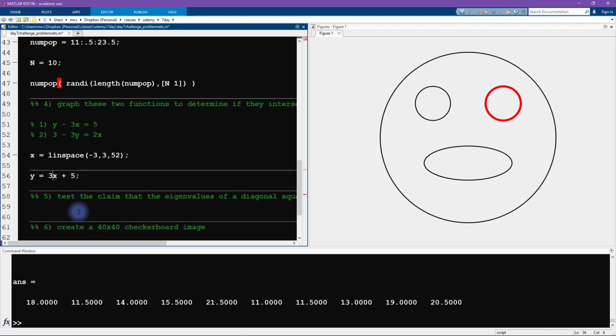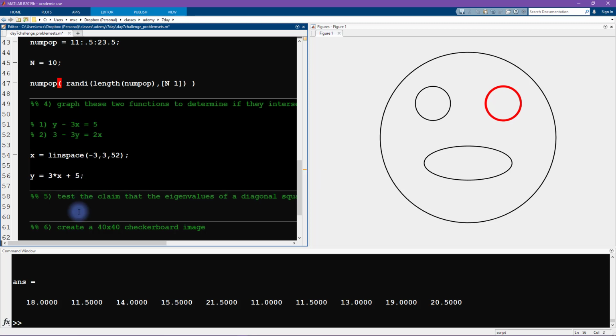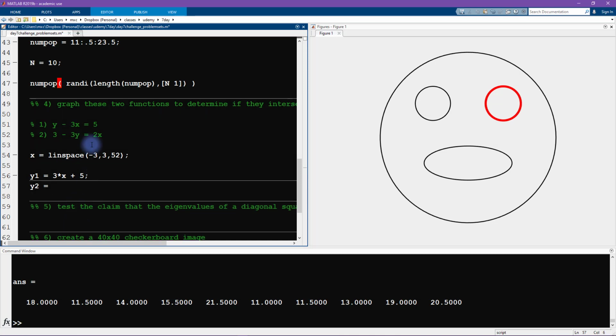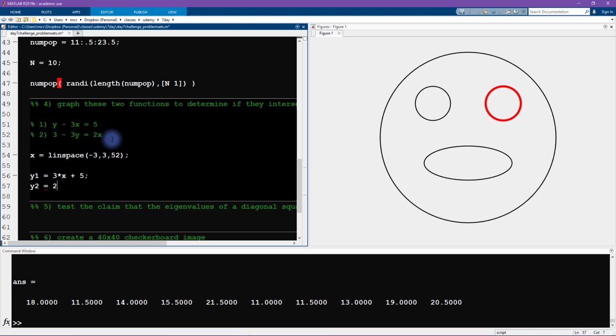Now, of course, I have to say 3 times x, and I'm actually going to call this y1 so that we have y2 equals, now we already have the 2 on this side, so that's 2 times x. And now we need to subtract the 3 to get the 3 over here. So 2x minus 3, but then we have a minus 3y.